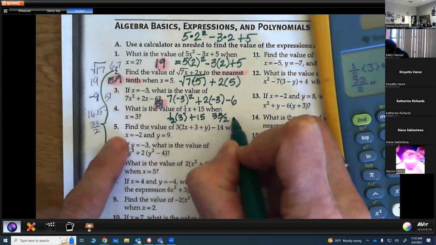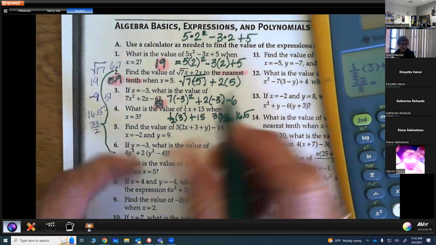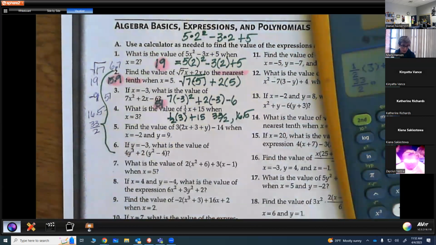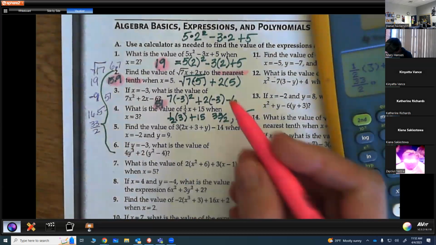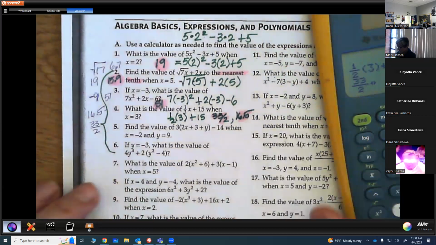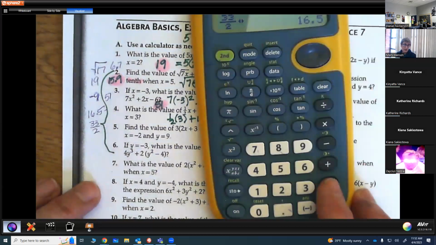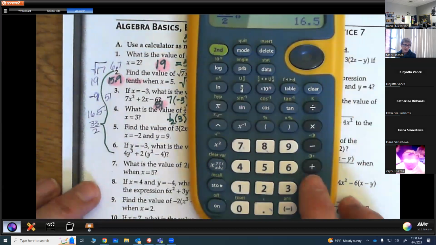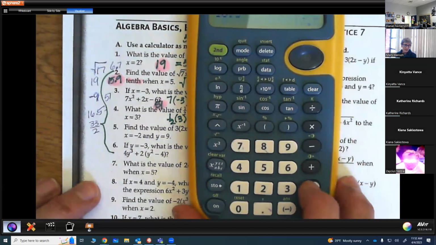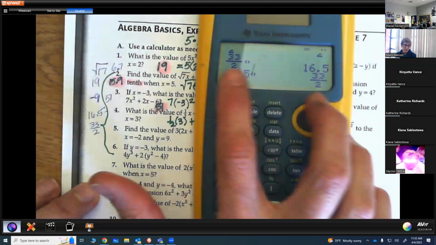The only thing you have to remember is obviously that on the GED, if it's multiple choice, there will only be one of those answers listed. And so knowing about this double arrow key, that's your friend. Anytime you get an answer that doesn't look like the form you want it to be in, click that double arrow key and it'll go back and forth between the fraction and the decimal.